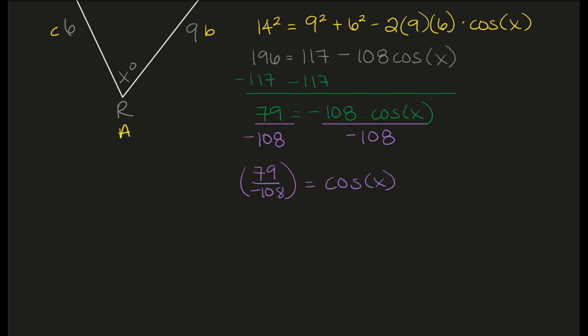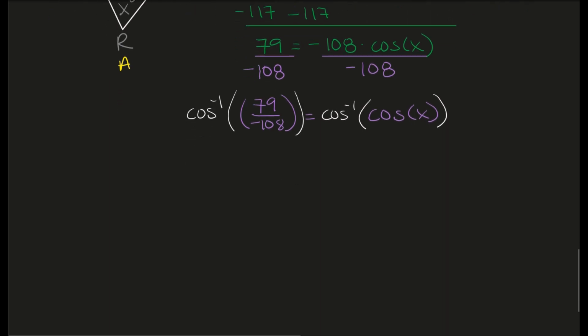And as we talked about, if you want to reduce cosine to 1, so I'll take this and move it over, you must multiply it by its inverse. So the inverse cosine of 79 divided by negative 108, this is going to equal the value of x.